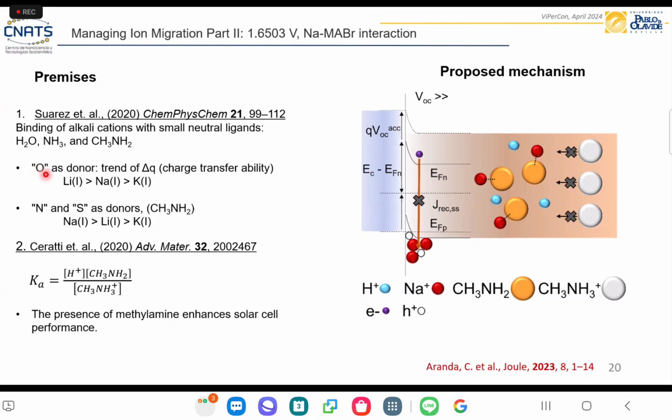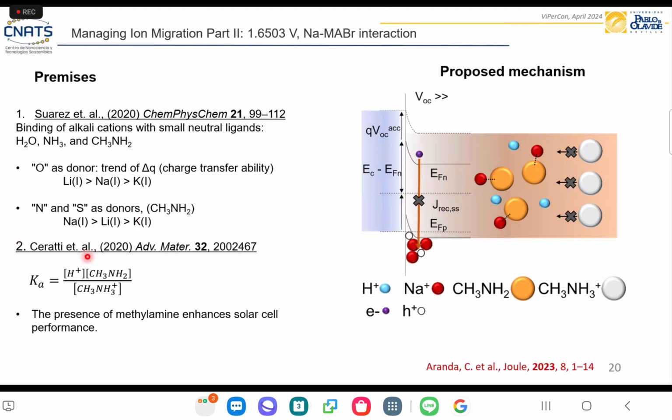When oxygen is the donor atom, the trend of the charge transfer ability goes from lithium, then sodium, and then potassium. However, when nitrogen or sulfur are the donor atoms, which is the case of methylamine, then the trend goes from sodium, then lithium, then potassium, which is exactly the same trend that we have in our results.